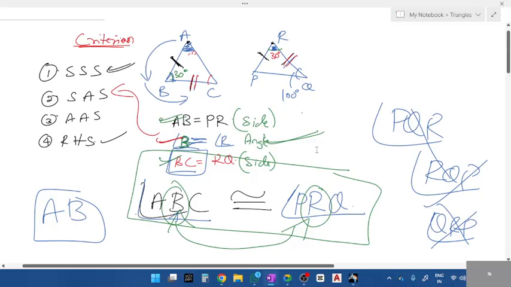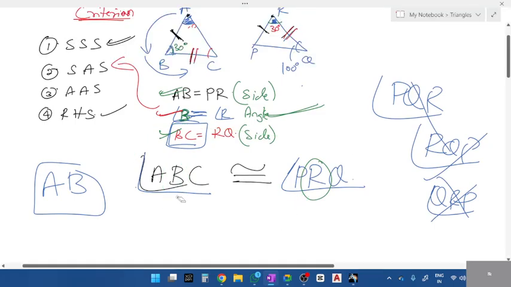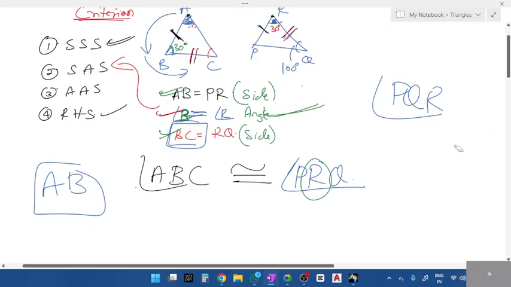Side, angle, side. So you have to write. This indicates ABC is congruent to PQR, and down you write in bracket under which criterion they're equal, out of these four. Side, angle, side.